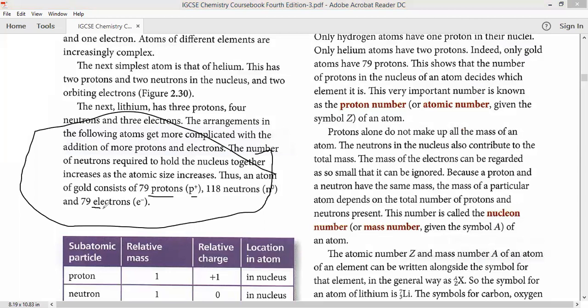It has also the same number of electrons, 79, with a small e as a symbol and negative as a charge, but it has 118 neutrons, so it's small n, but with a charge 0. So this 79 would be, of course, the proton number. And if we add the 79 and this 118, the result would be the nuclear number or the mass number.